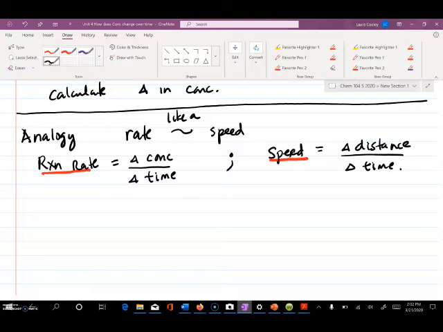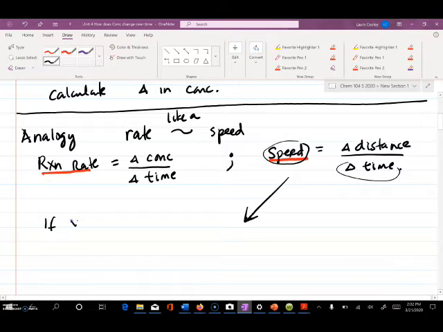Okay, so the question is, let's think about in terms of the car and the speed. If you know the speed and you know the time that passed, so if you know how fast the car is going, can you calculate the distance that's traveled?